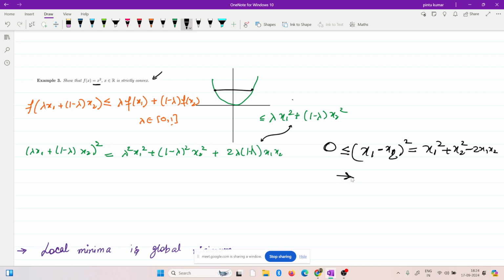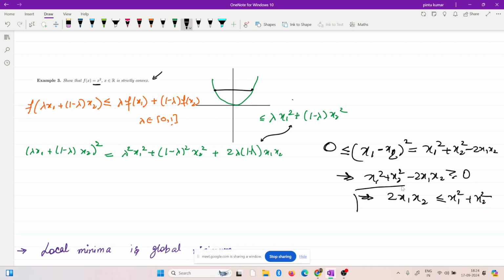So this would mean that x1 square plus x2 square minus 2x1 x2 is always greater than or equal to 0. Or 2x1 x2 is always less than or equal to x1 square plus x2 square.